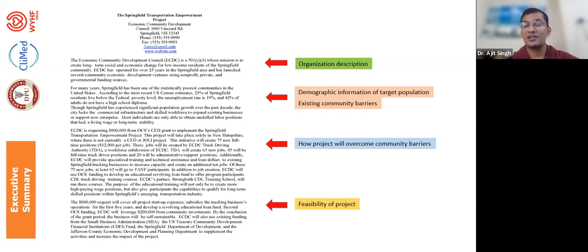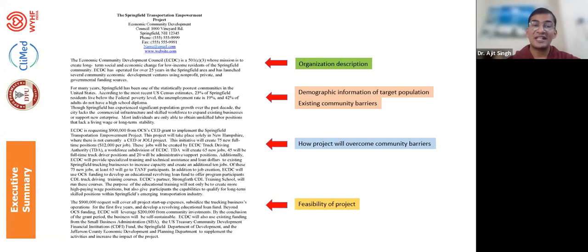So they are giving the feasibility report here, how they are going to do it, because they are working with the Small Business Administration, US Treasury, and community development institutions, which can come later. It will be a self-sustainable project. They just want this to start the Springfield transportation empowerment project. Okay, they just want to initiate it.